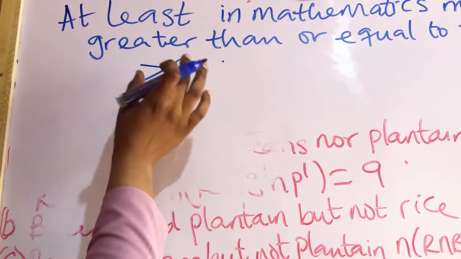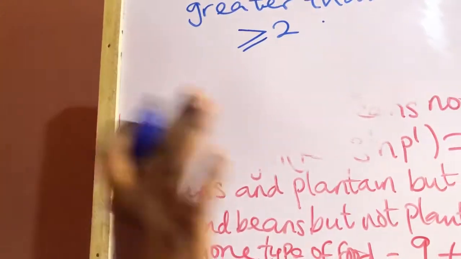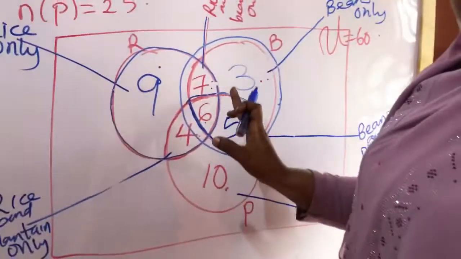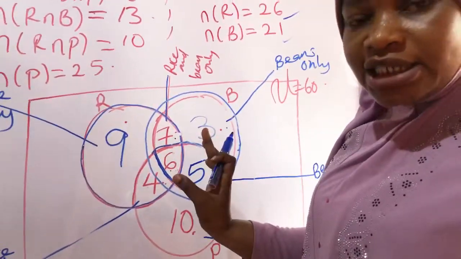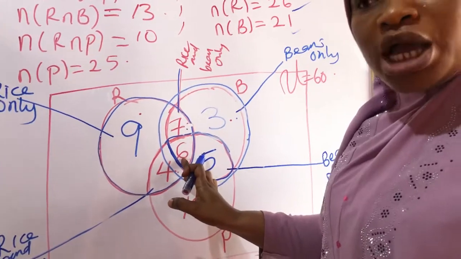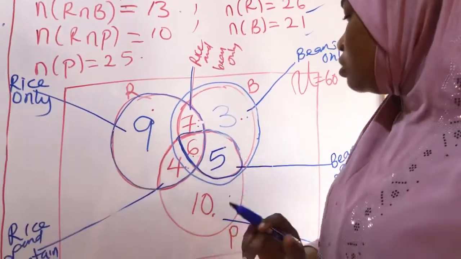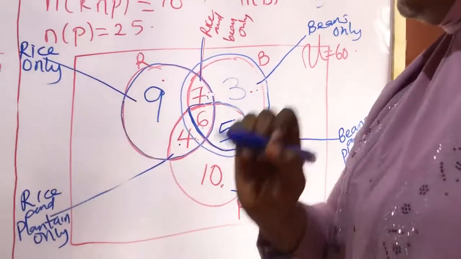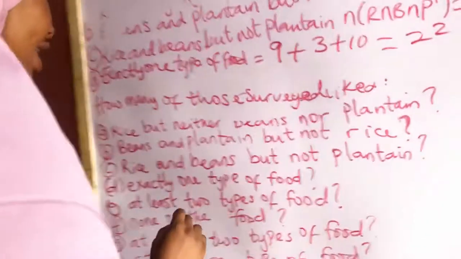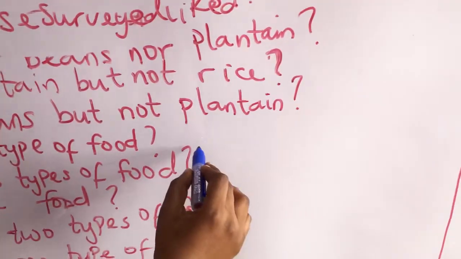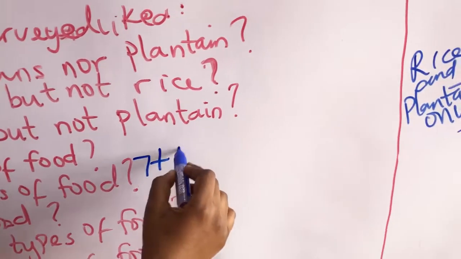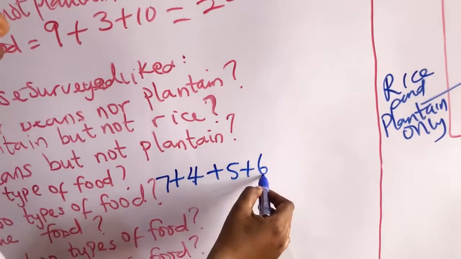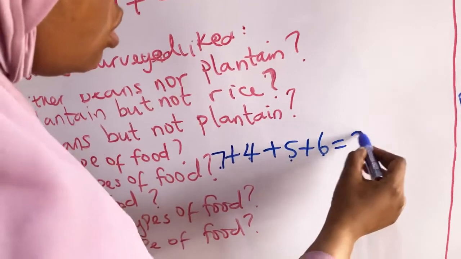So those that like the 2 foods will be included, and those that like the 3 foods will also be included. So at least 2 types of food will be 7 plus 4 plus 5 plus 6. So this is 10, this is 12, is equal to 22.